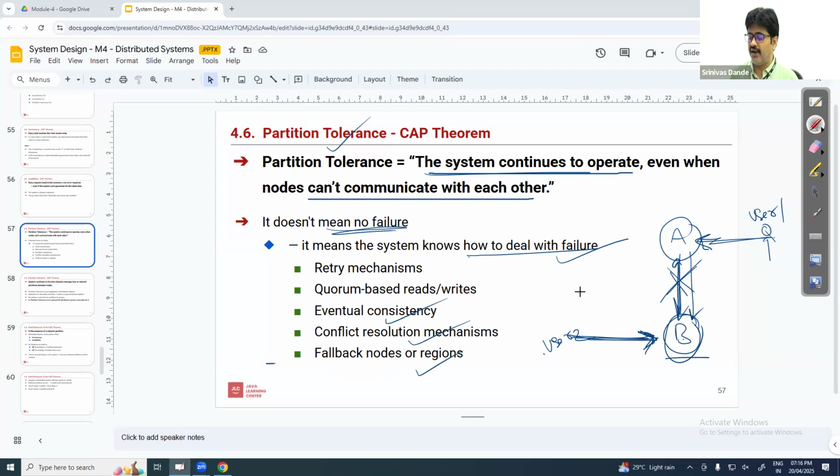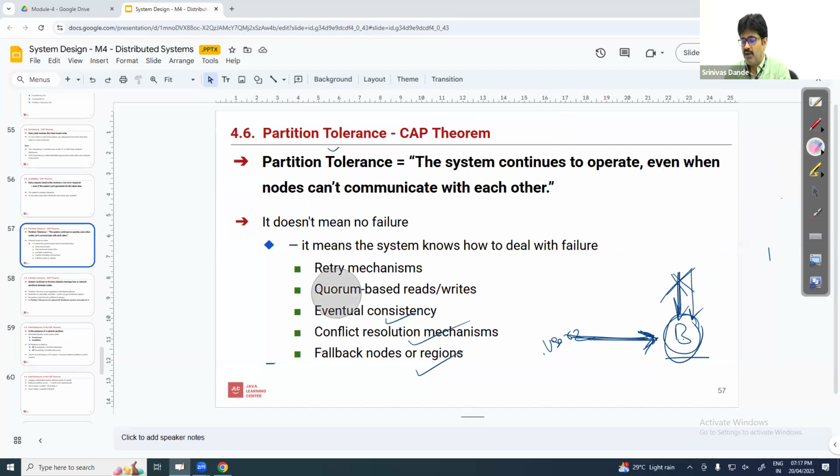Partition tolerance is clear. Even if there is a failure and nodes are unable to communicate, they should still continue to operate. It means I am considering there is a failure between the nodes, even though my system continues to operate.